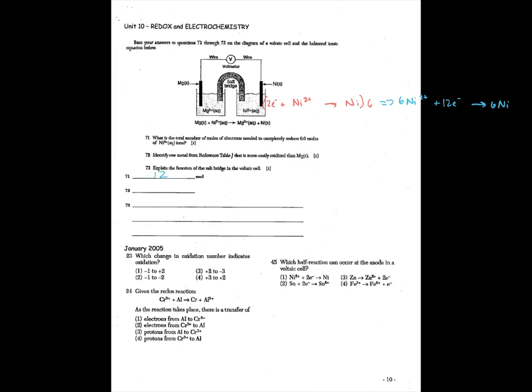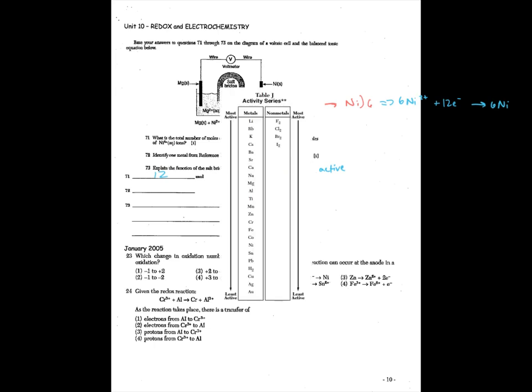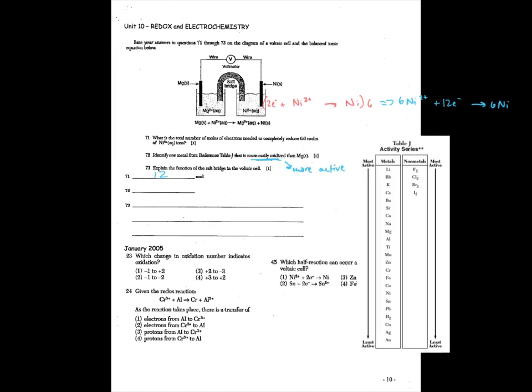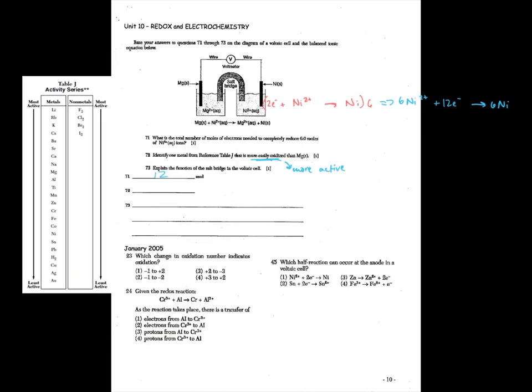All right, number 72, identify one metal that is more easily oxidized than Mg. So when we say more easily oxidized, we're going to say more active. Okay, so let me add table J back into the fray. Voila, it's back. Okay, let's bring it over here.